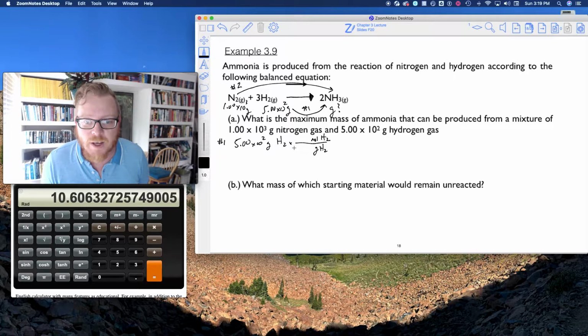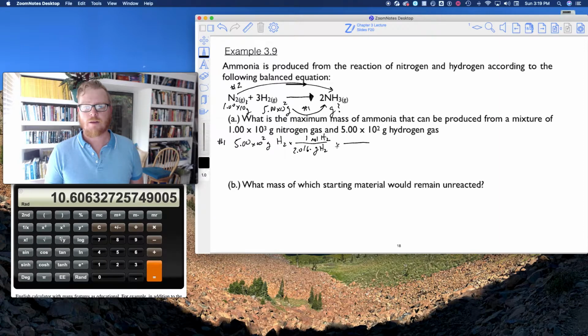The periodic table tells me it's 2.016 grams of hydrogen in 1 mole. Okay. So from this balanced reaction, it tells me 3 moles of hydrogen make 2 moles of ammonia. All right. So we'll say 3 moles of H2 makes 2 moles of NH3.